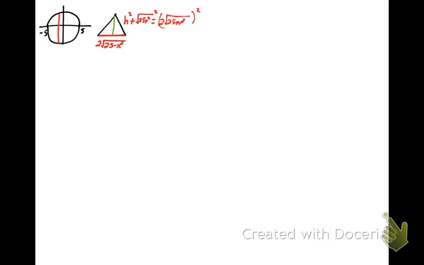When we begin to solve for h, this is what? 4 times 25 minus x squared, minus 1 of 25 minus x squared.